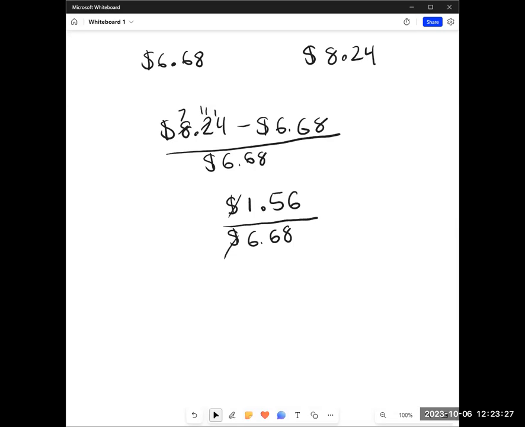Those are units that are going to cancel. I'm going to use my calculator again to figure out what this is.